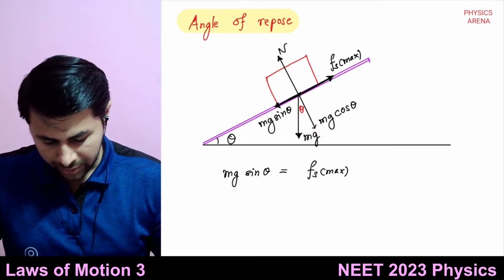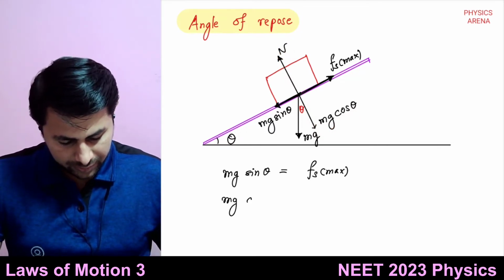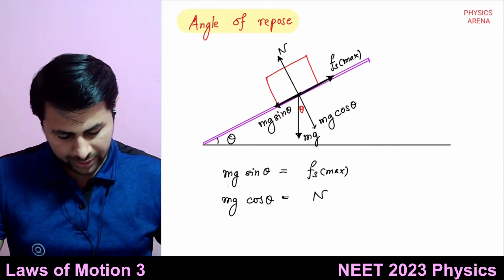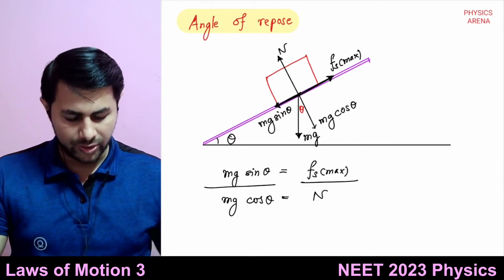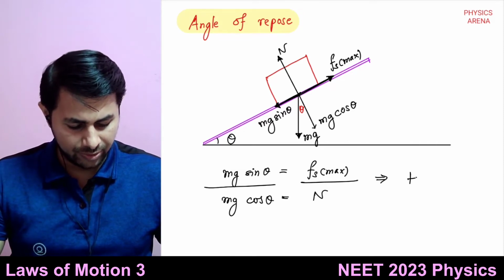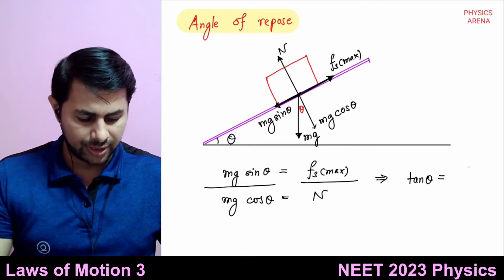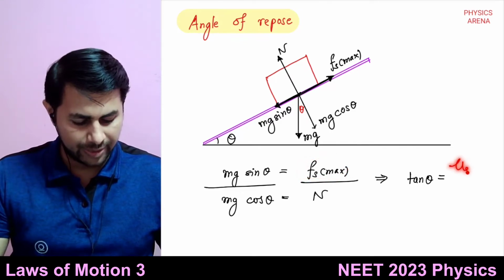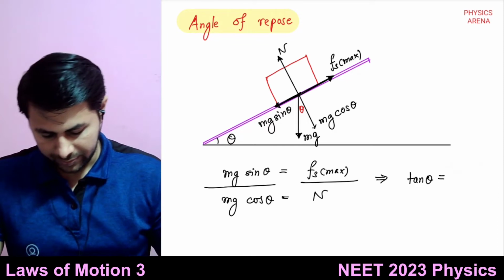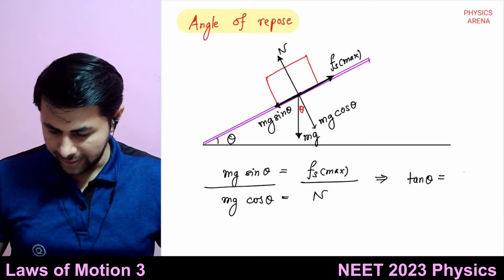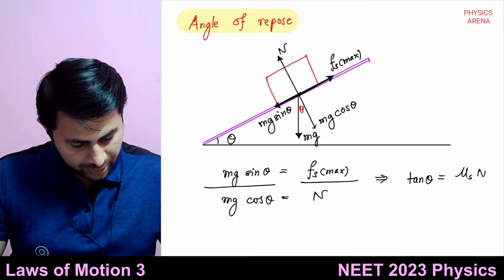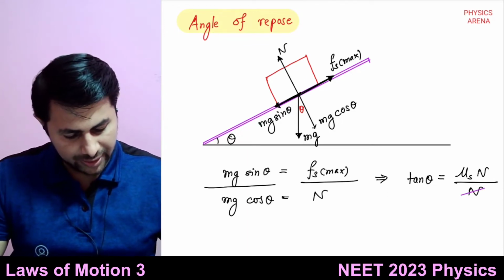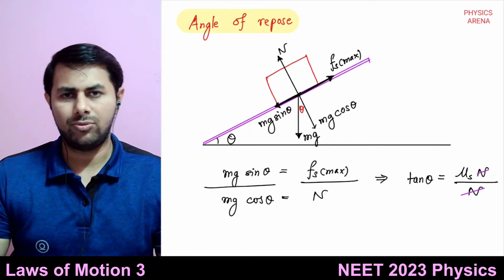So mg cos theta is equal to the normal reaction. And now if you divide these two, what do you get? So once again you get tan theta is equal to fs, which can be written as mu s multiplied by normal reaction, divided by normal reaction. This thing gets cancelled out. So you have tan theta equals mu s.